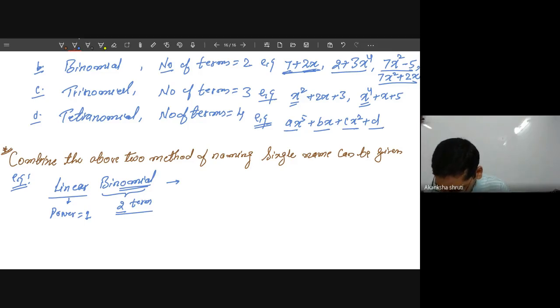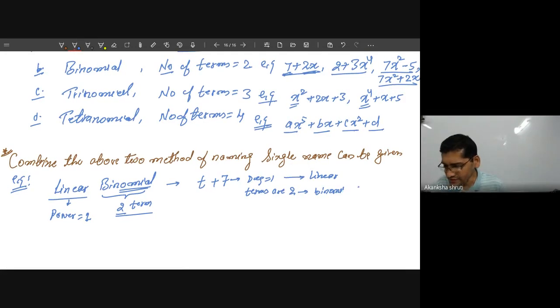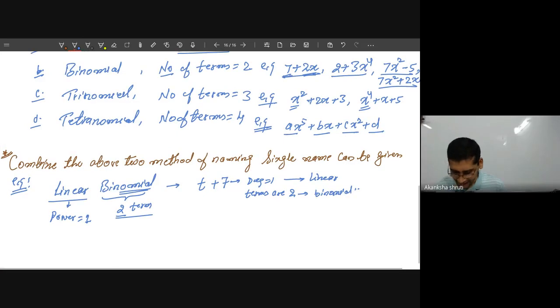So for example, if I am writing t plus 7, what is this? Here the degree is 1 and number of terms are how many? Terms are 2. So based on this degree, it is linear, and based on the number of terms, it is which kind? Binomial. Okay, student. So this way we can write.